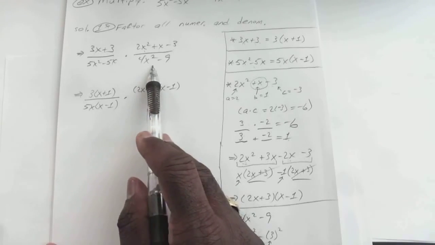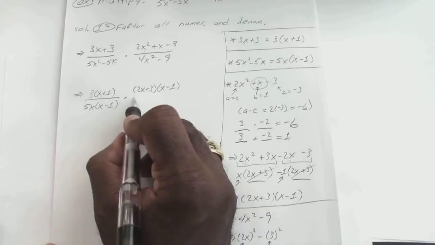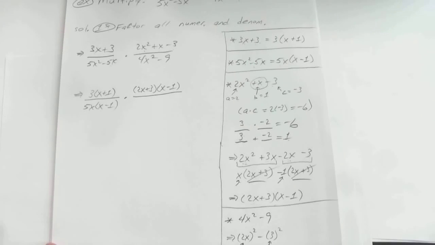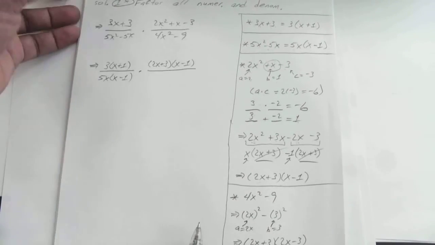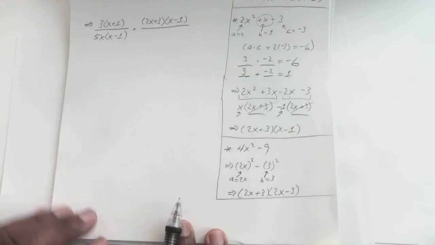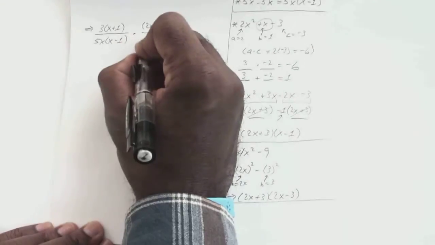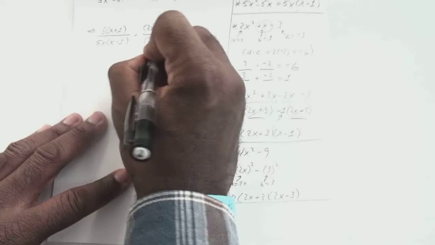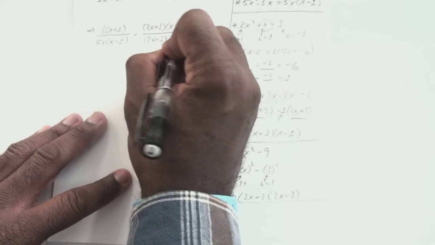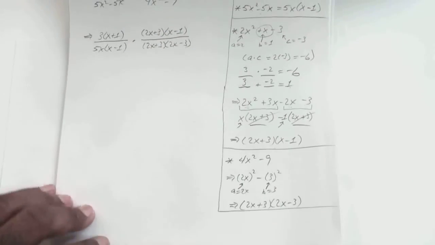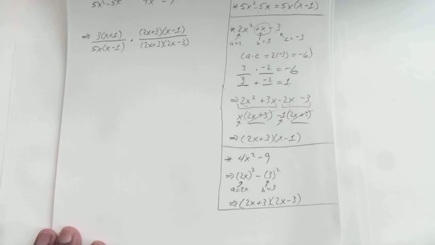And 4x squared minus 9, since we know that was a difference of squares, is 2x plus 3 and 2x minus 3, all the way at the bottom there. Okay, so everything's all factored out.